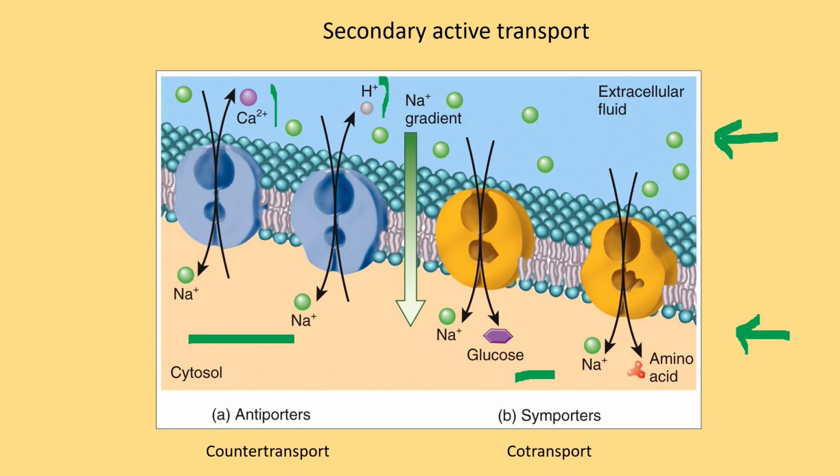But in order for the transport to occur, another substance must travel along with sodium. So for the glucose transporter, it's a cell's way of obtaining new molecules of glucose, or for the amino acid symporter, it's a cell's way of obtaining new molecules of amino acid.